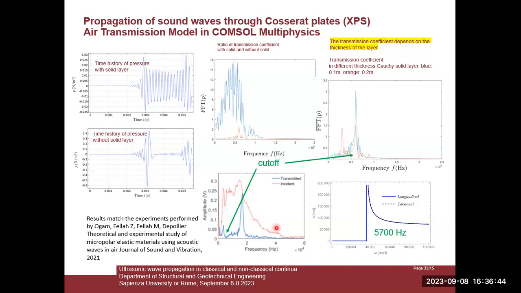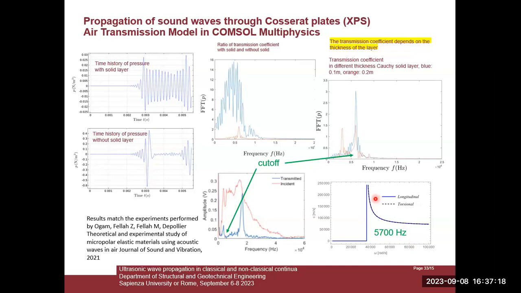Because the red one is the incident spectrum. The red one is the spectrum of the sound which was launched in the air. So it's something which is kind of broadband. It's something broadband that here, okay, here it dies out, but why doesn't it propagate in that frequency range? Because we think that this is because of the presence of a cutoff frequency.